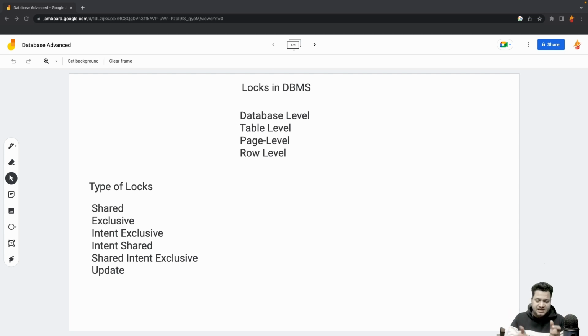Oracle provides the post option and the commit option. Post means you are just submitting your data without committing it at the database level. You are posting it from both sides.